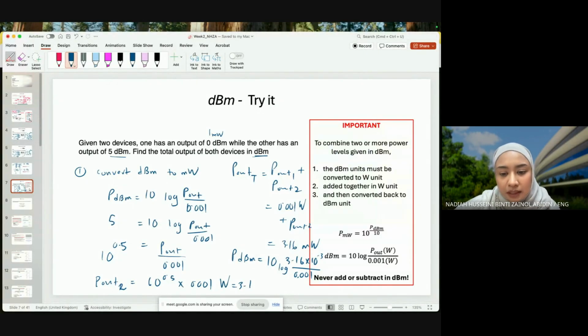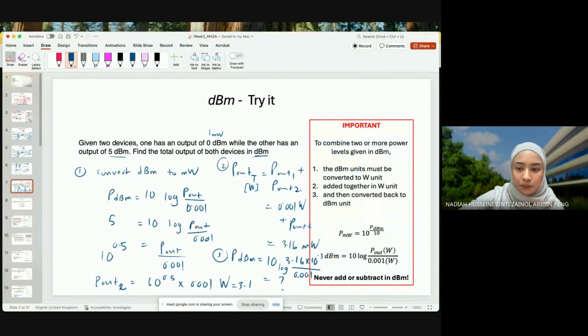Okay, so you will get something in dBm. This is number 2 and this is number 3. First, you convert dBm to milliwatt. Second, you add the P out 1 and P out 2 to get the P out total in watt. Third is you convert the total output in watt to dBm.